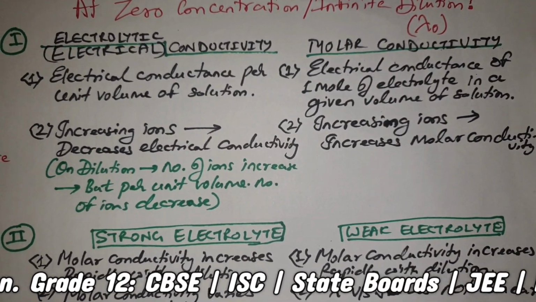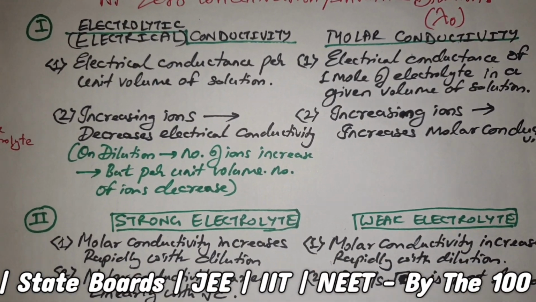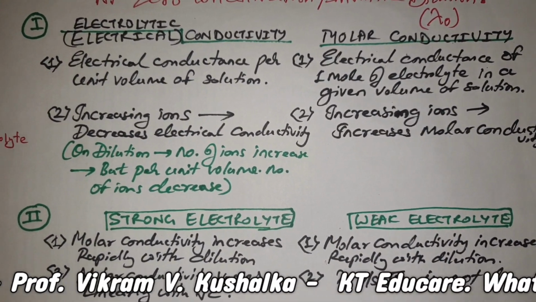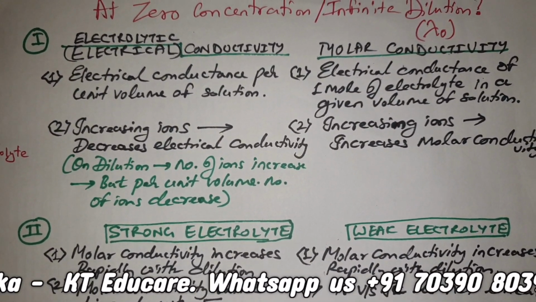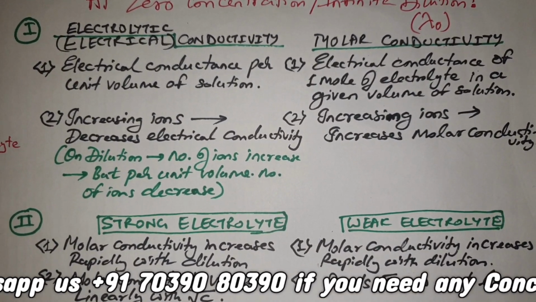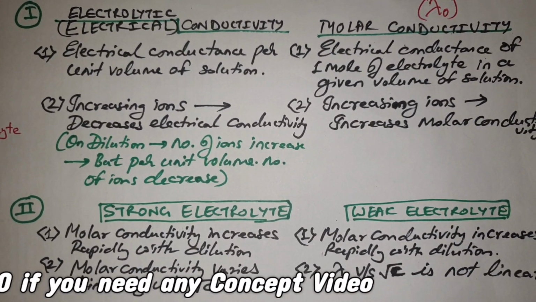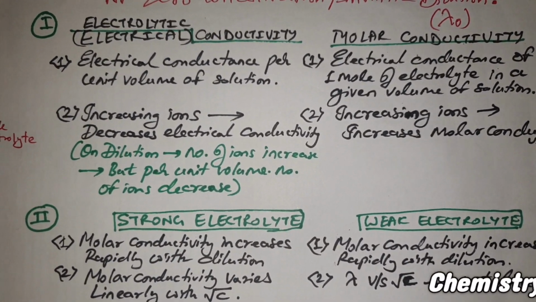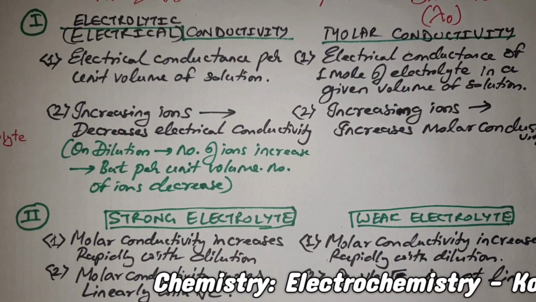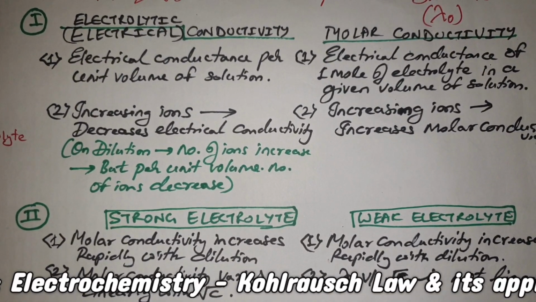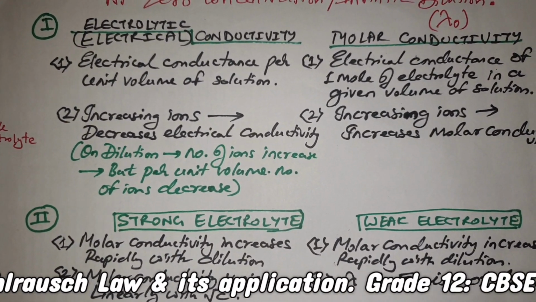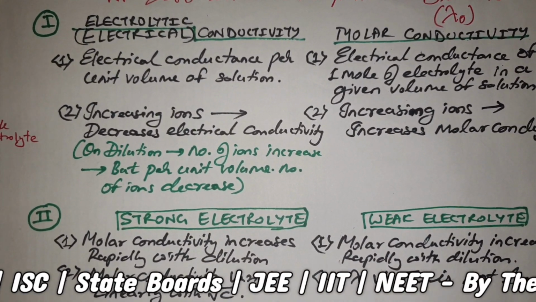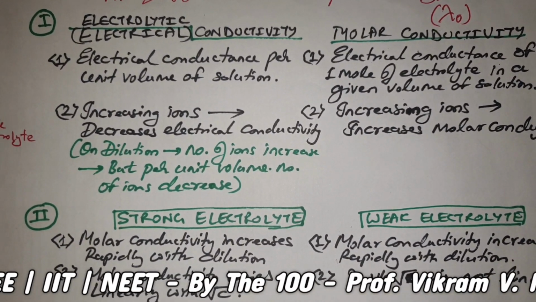On dilution, the number of ions will increase, because the more you dilute the solution, the degree of dissociation increases, so the number of ions formed also increases. Obviously the question will come to your mind that if the number of ions are increasing in an electrolytic solution, then the electrical conductance should also increase. Yes, but electrical conductivity does not increase.